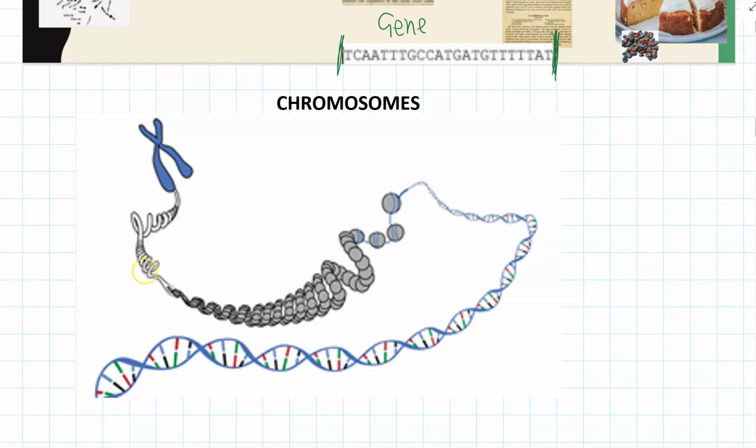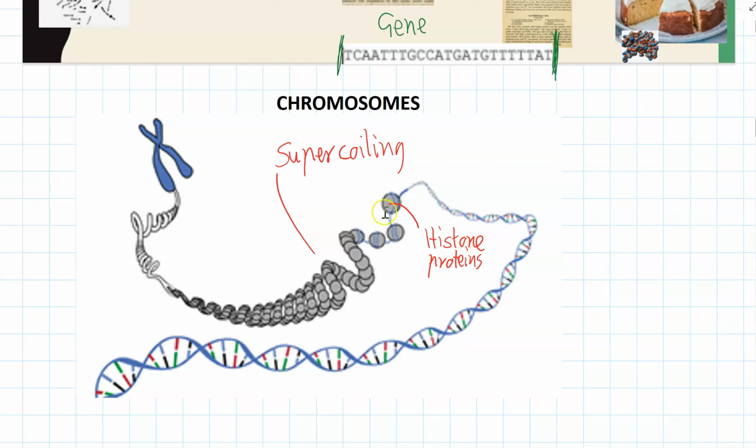And remember, the key word for how DNA is organized in chromosomes is supercoiling. So the DNA coils up. It actually coils around these round protein molecules. They're called histone proteins. So it looks like beads on a string, basically.